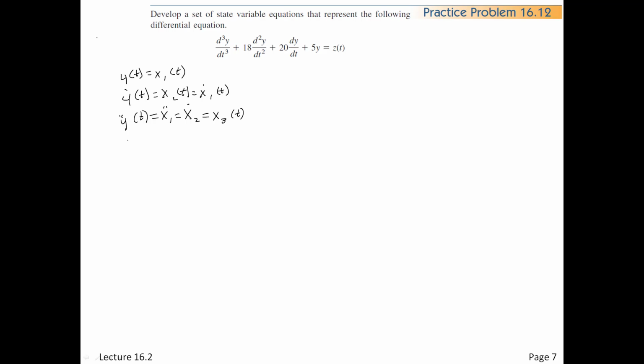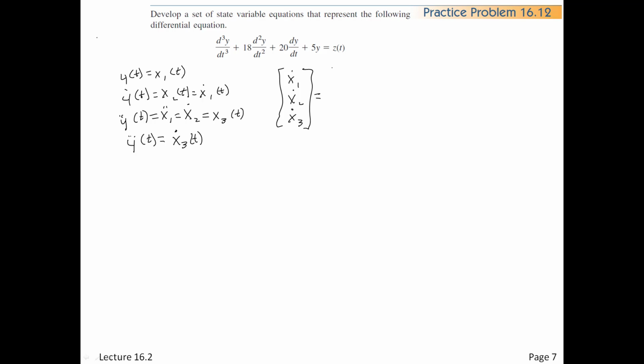So our y triple dot of t is going to be equal to the first derivative of x3. If we want to line them up in the standard fashion, it might be something like this: our x1 dot, x2 dot, x3 dot. I'm just looking at the form of the text here.